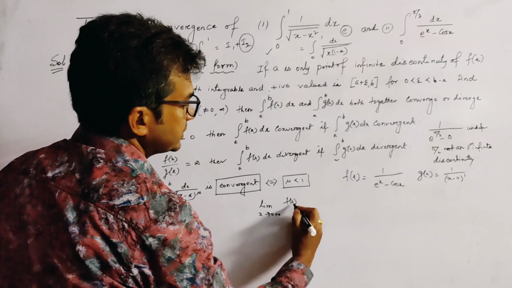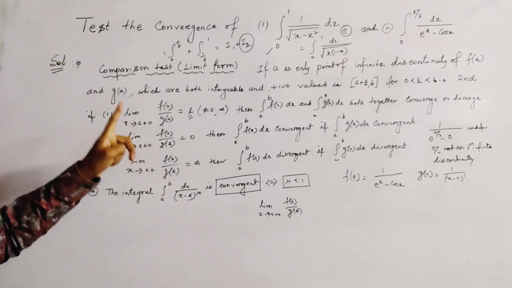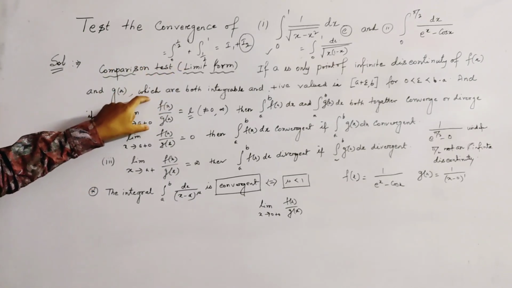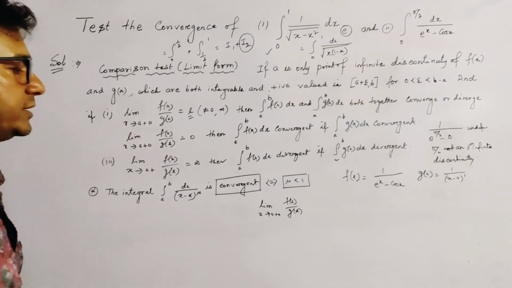Now we want to use the comparison test of limit form, so we have to calculate the limit of f x by g x at x equal to the lower limit a, which is 0 here.